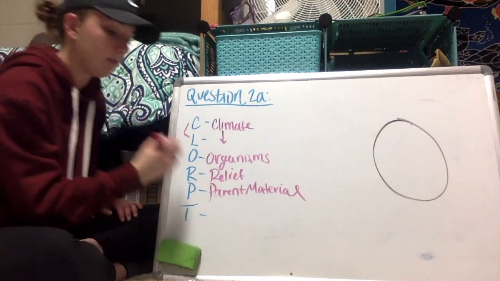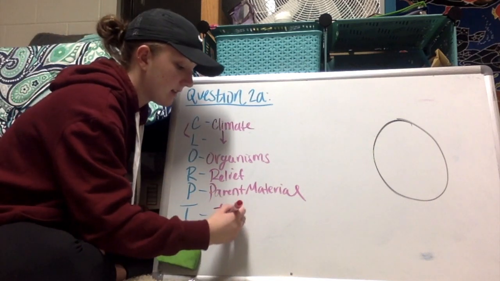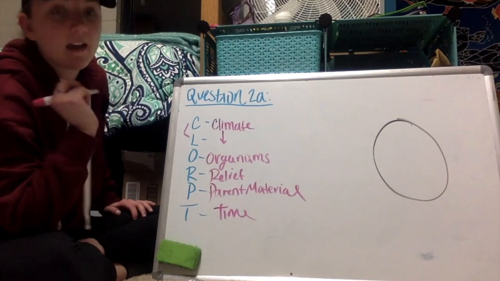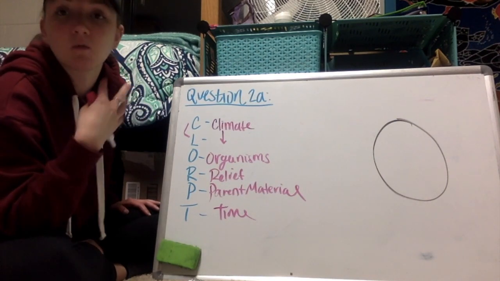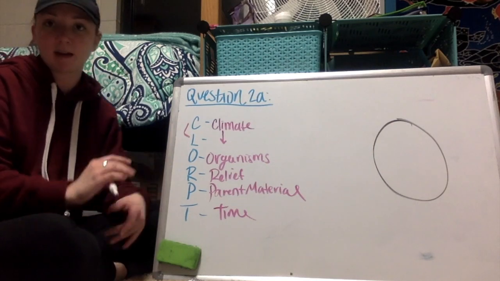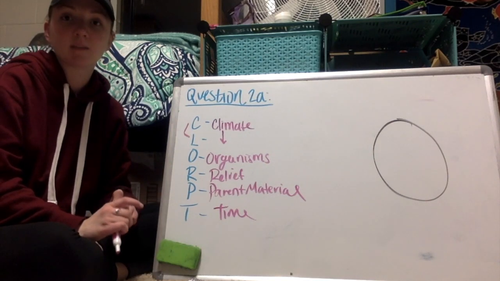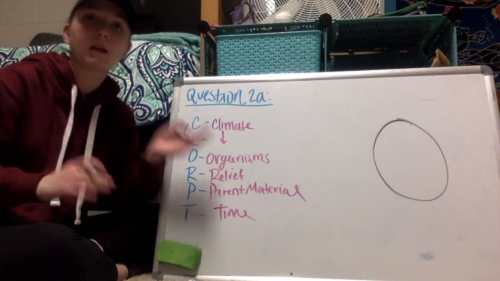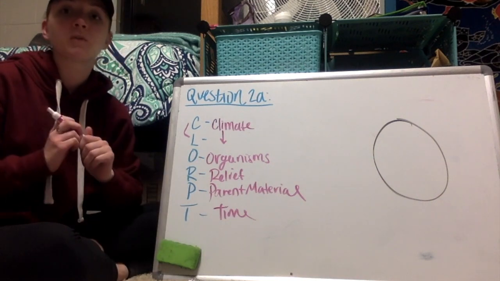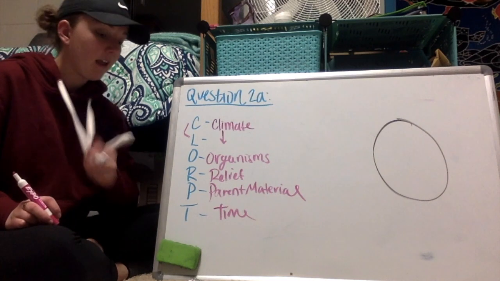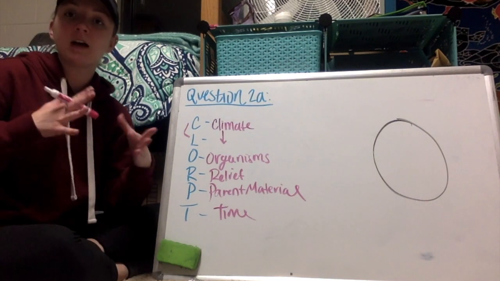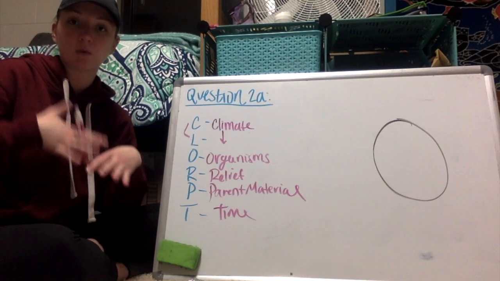And then the T, which is the last, is time. T stands for time because all these factors work together over time to produce soil and to produce an ideal environment, or maybe not so ideal environment, for plant formation and growth. And over time, the particles build up, but at the same time they also break down.